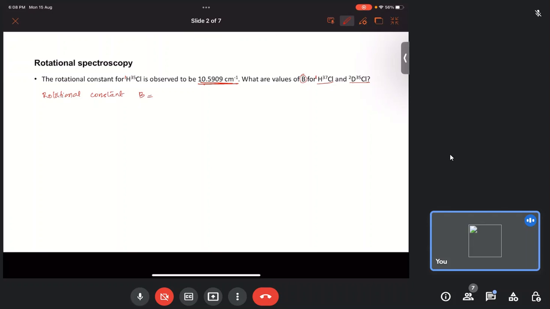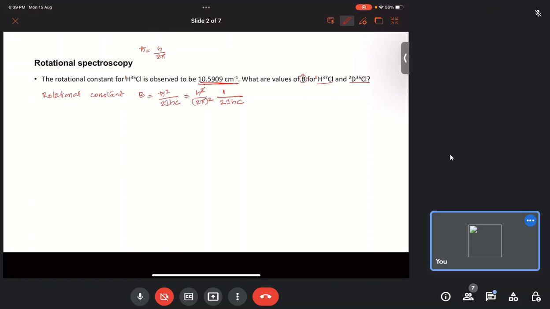So we know that the rotational constant B is equal to h bar square by 2IHC. I'm going to rewrite the formula. We know that h bar is equal to h by 2 pi. So this is going to be h square by 2 pi the whole square, times 1 divided by 2IHC.